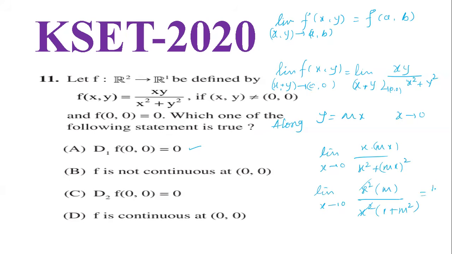We get m divided by 1 plus m square. Here the limit value is not equal to the functional value f of 0, 0. They are given 0 not equal to m divided by 1 plus m square. Therefore, it is not continuous.